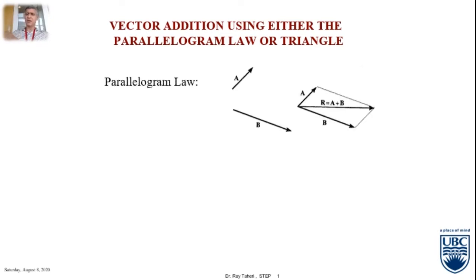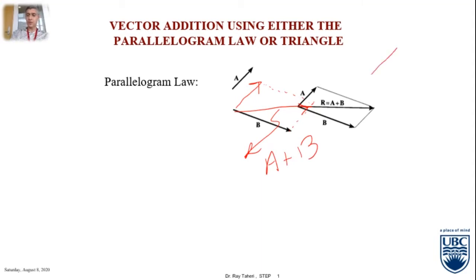So imagine you have vector A and vector B, and I want to add them together. The simplest way is, from the beginning of B, I make one vector equal to A, and then from here I make a parallel line and a parallel line here. And this diamond shape, you go to the diagonal of that, and this is A plus B.